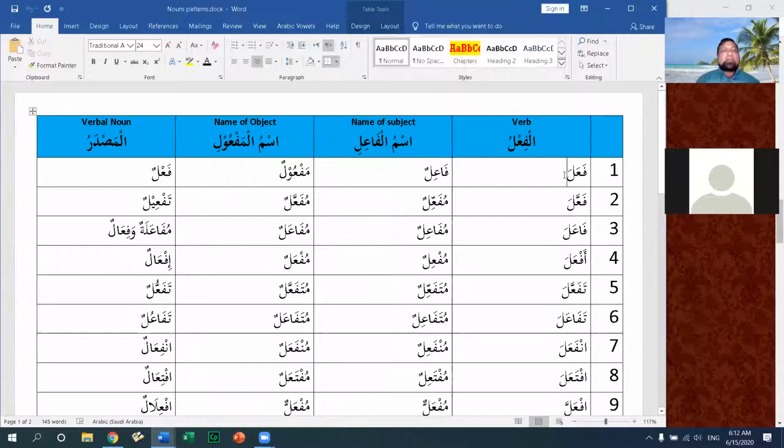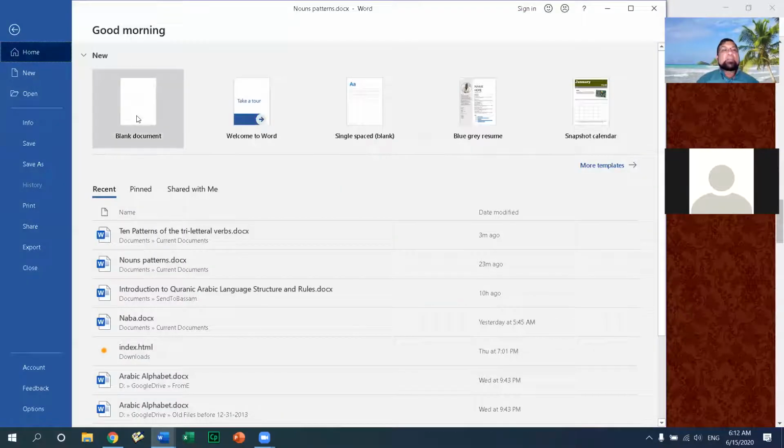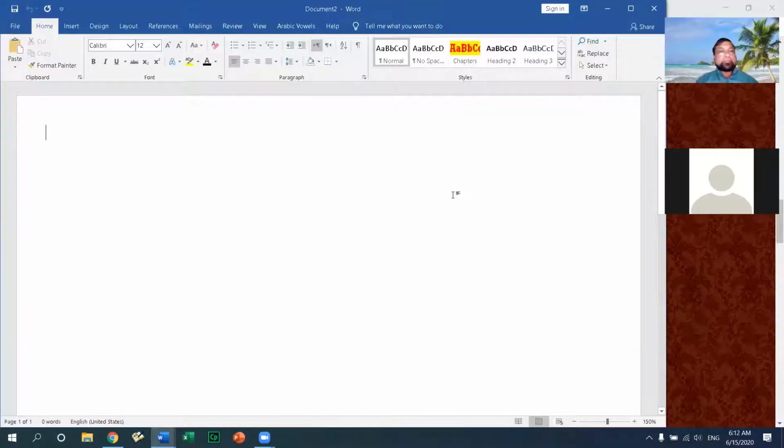So if we were to have a noun like, let me just pull up a page with examples. If we have a verb like drank, he drank, D-R-A-N-K, then from that, we have to form the name of the person who performs the action, and we'll say drinker.